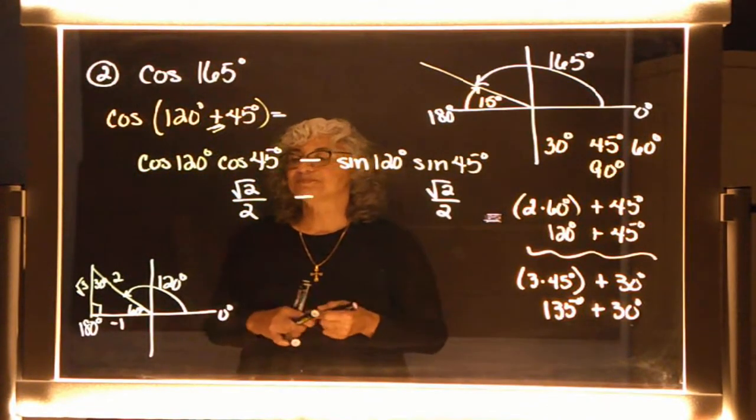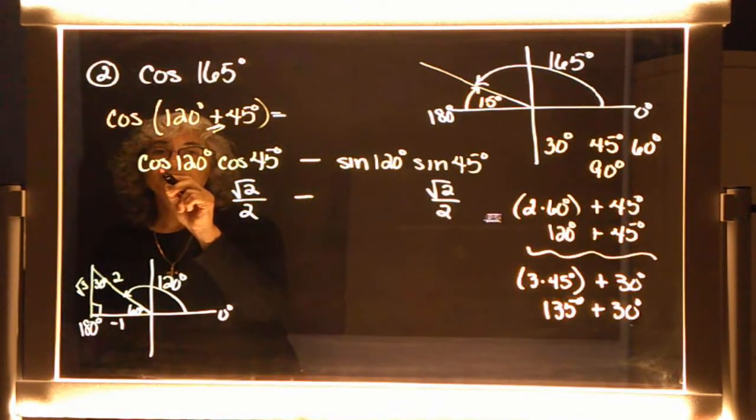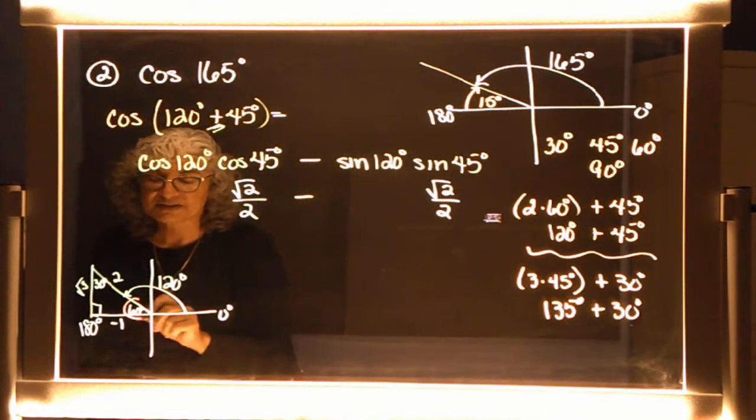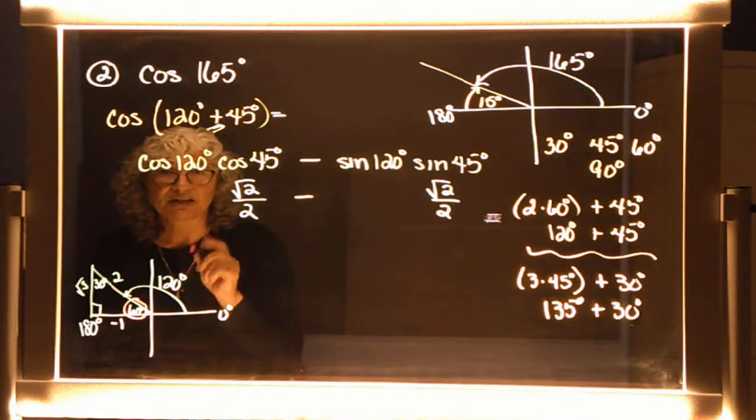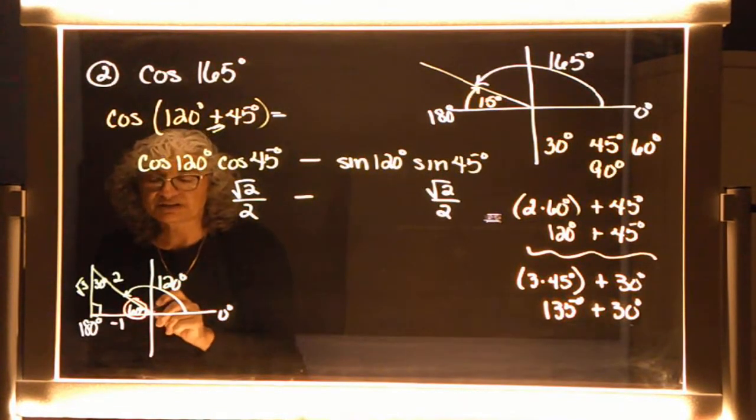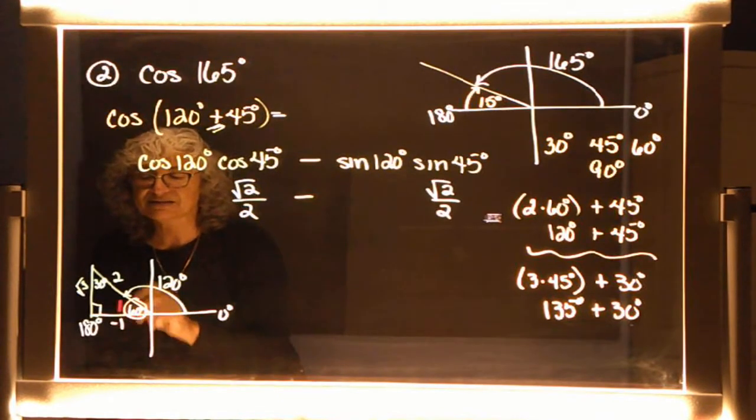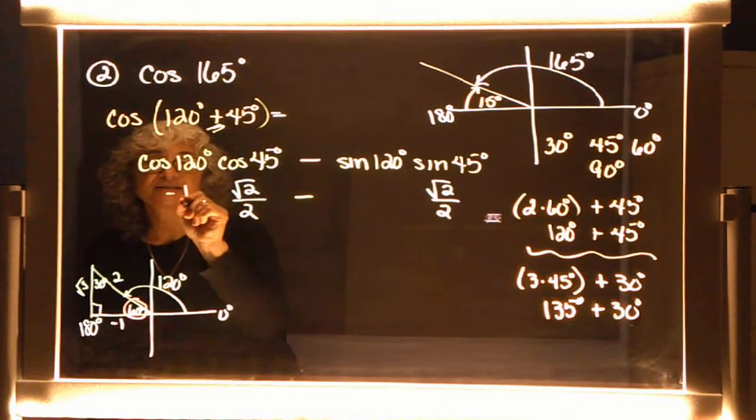Okay, so the cosine of 120 degrees. Remember, 60 degrees is the reference angle for it, so I'm using that in quadrant 2. So the cosine of 120 degrees, cosine is x over r, so that's a negative 1/2.